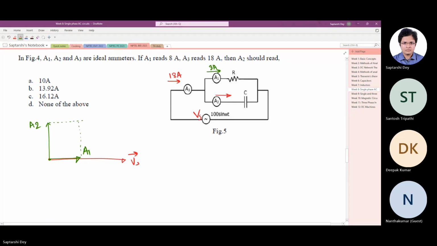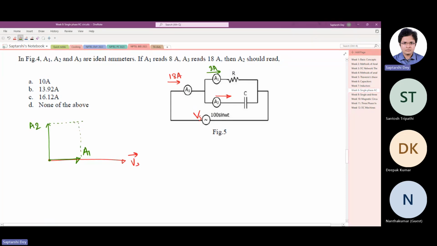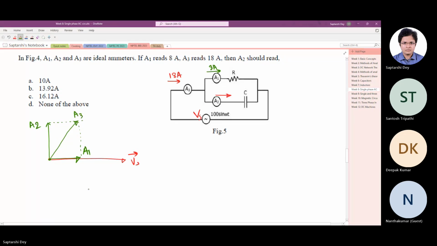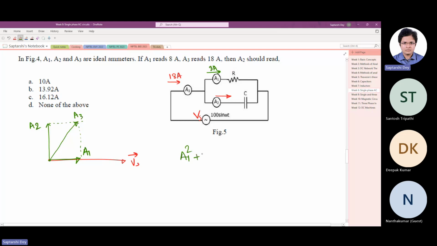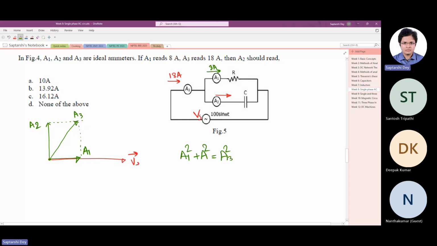Now their vector summation, A3, is what we are getting here as 18 ampere. Thanks for pointing out. Now the relation between A1, A2, A3, you can understand by Pythagoras theorem. It's A1 squared plus A2 squared comes out to be A3 squared.